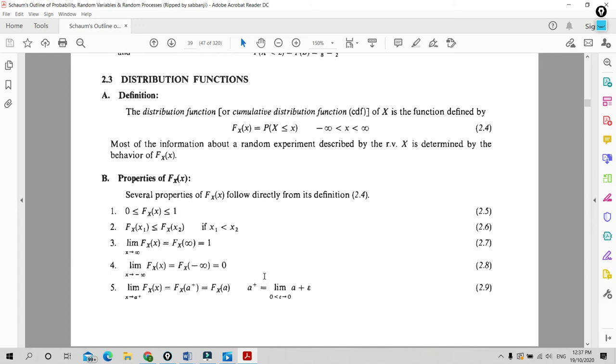The first one: F(x) = P(X ≤ x), for x between negative infinity and infinity. There are several properties here.